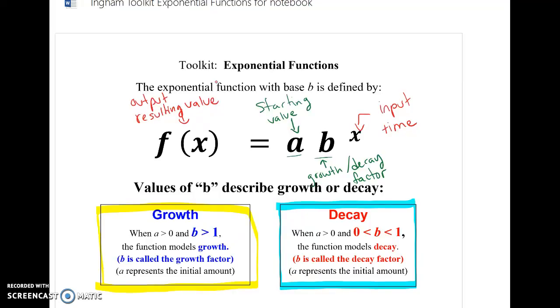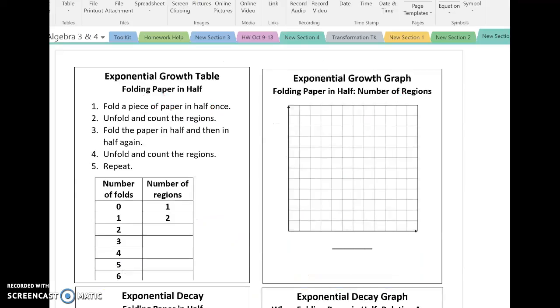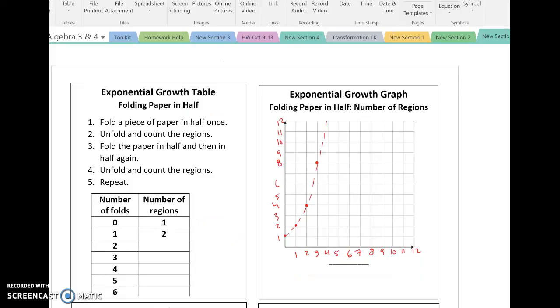On your previous page, or in your comp book, you have the paper folding activity that we did last class. What I would like you to do now is go back into that activity, open it up so you have those two graphs, and write an equation for them. So if you have your paper folding activity opened, you should have your table.